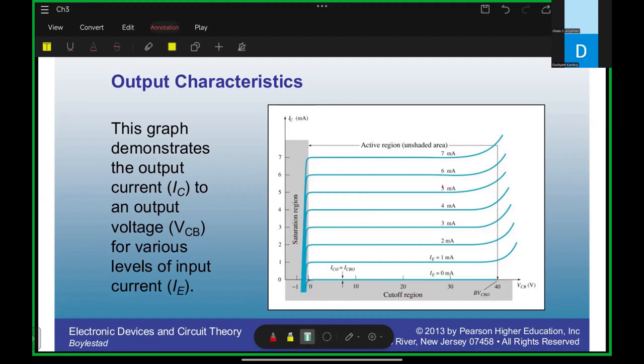There are three configurations: common base, common emitter, and common collector. How can you decide whether this is a common base, common emitter, or common collector?